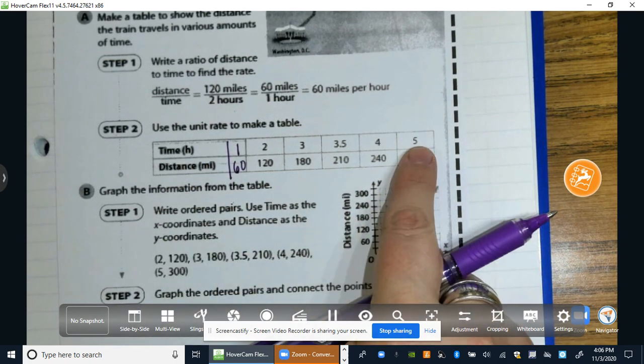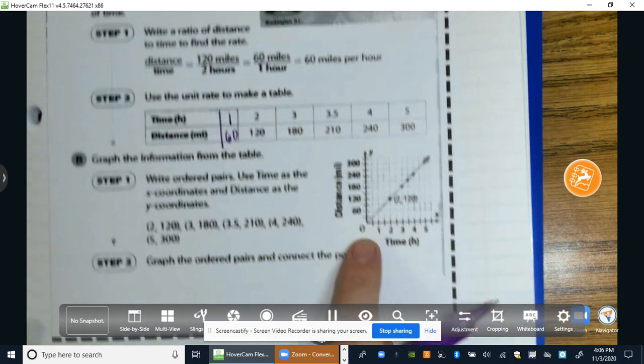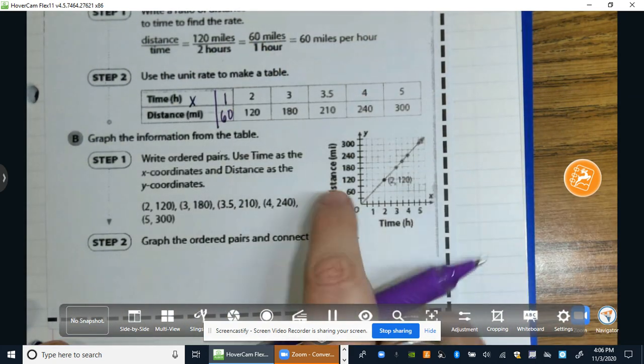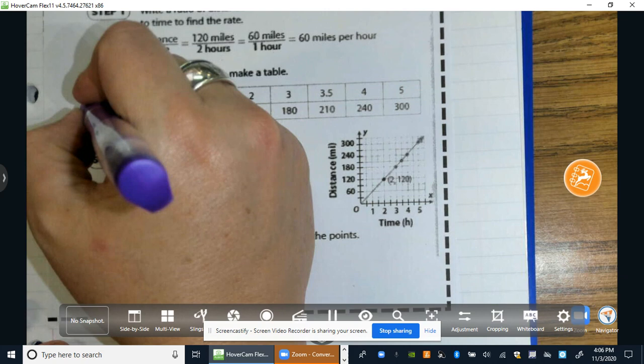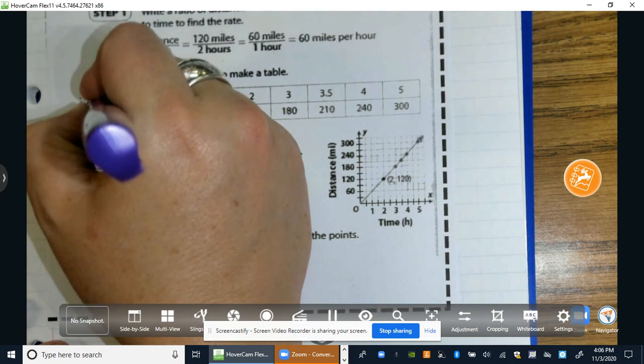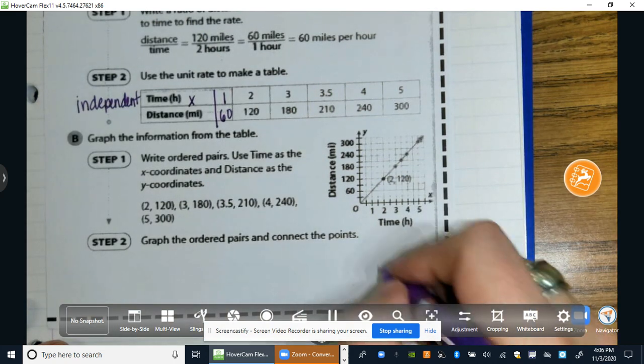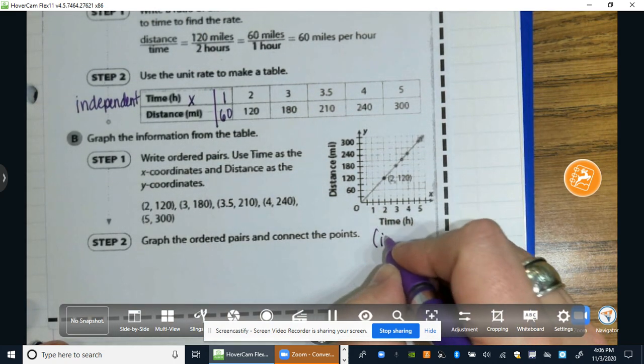So then we took this table that we had and made it into a graph. Okay, we took the time, which is your x, which is on the x-axis, which is our independent variable. Okay, and time down here is our independent variable.